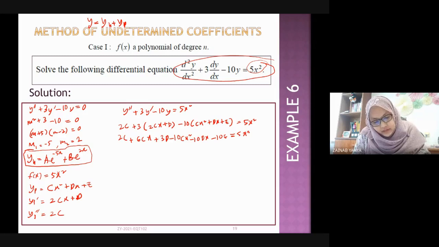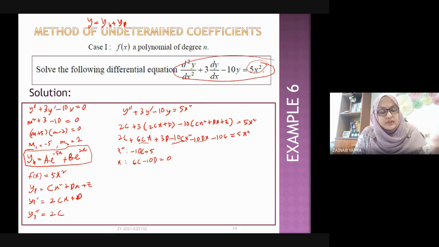First, the x squared term: negative 10c equals 5. Then the x term: 6c minus 10d equals 0, because there's nothing on the right hand side, meaning it's 0.